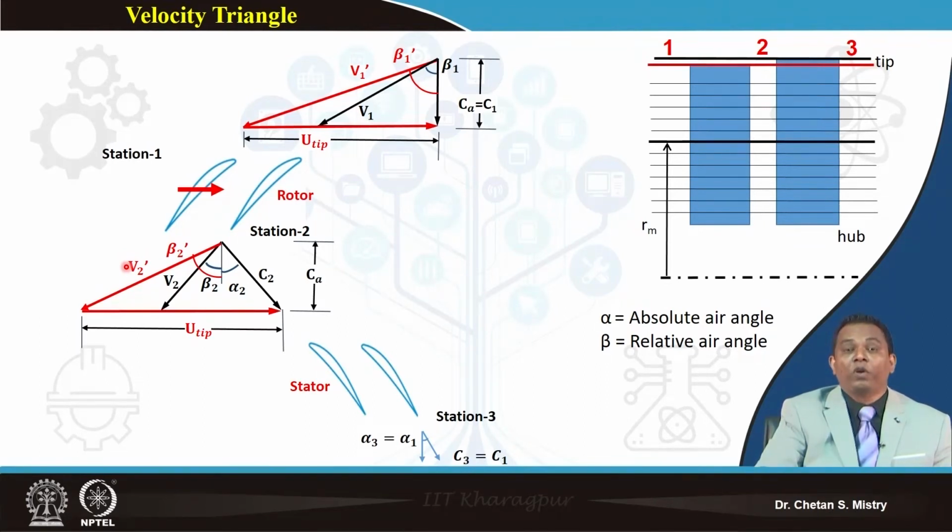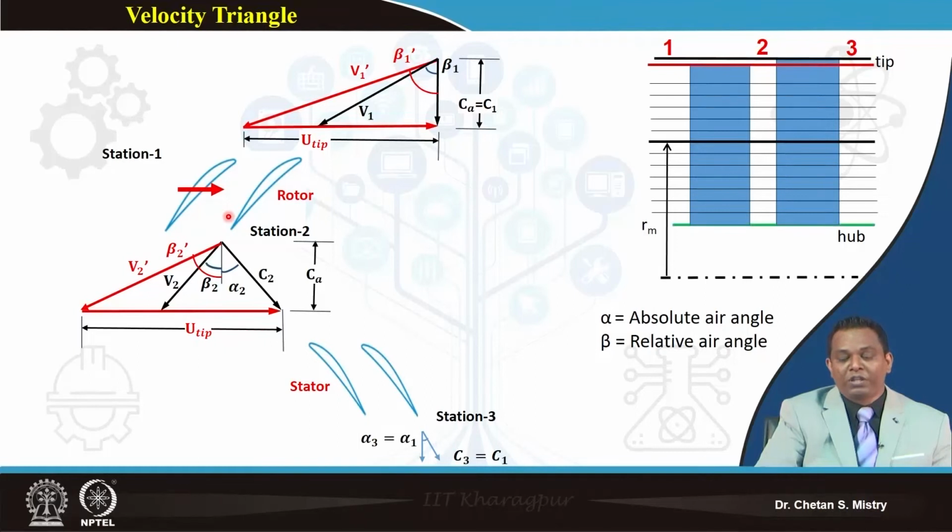So the work done we have discussed depends mainly on my peripheral speed. When the peripheral speed changes, basically that changes my delta beta, which is nothing but my flow deflection angle. So near the tip region, you will have your delta beta coming to be large.